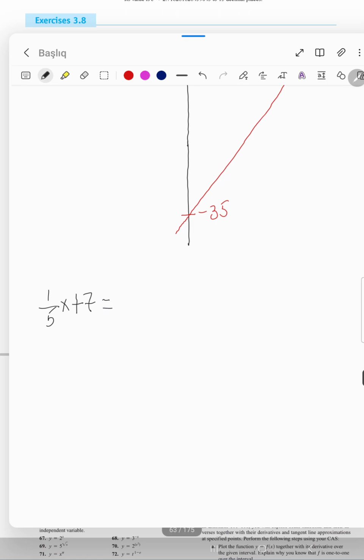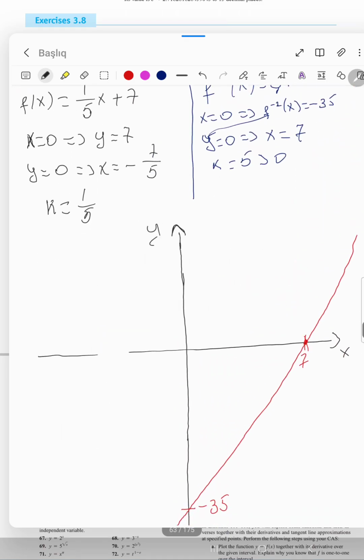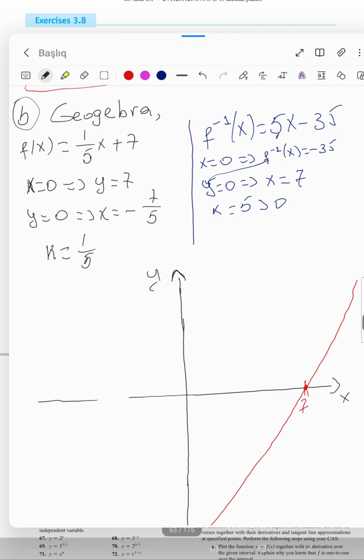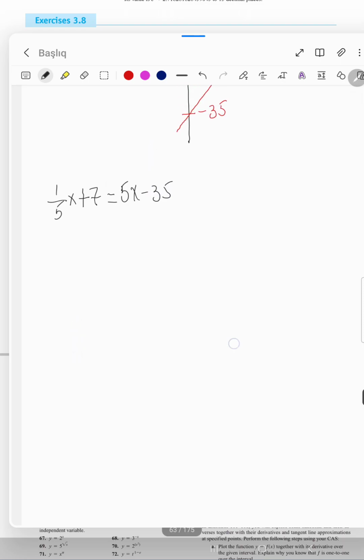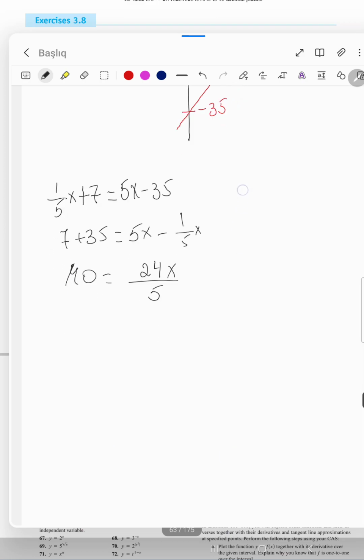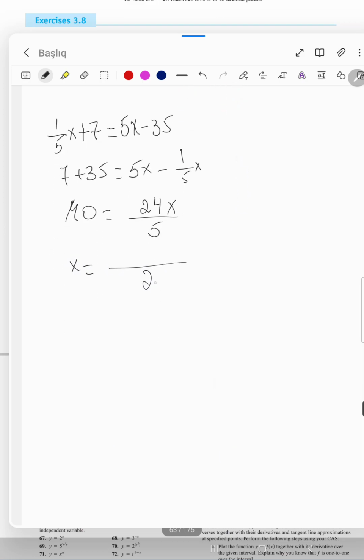To find the intersection point, you have to equalize the function and the inverse function. 7 plus 35 equals 5x, no, not plus, minus. 40 equals 24x over 5.